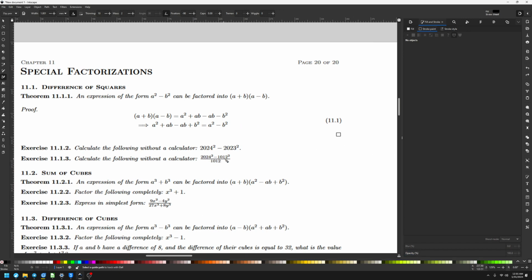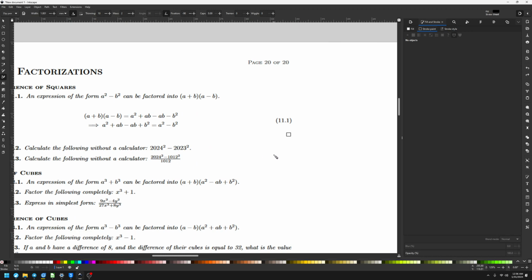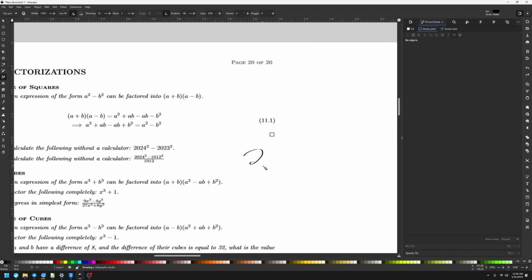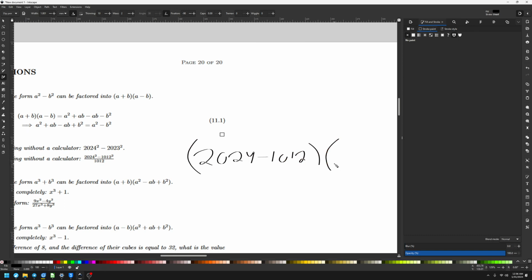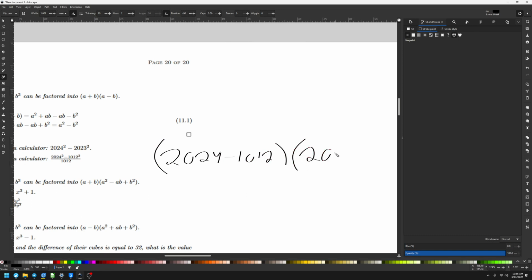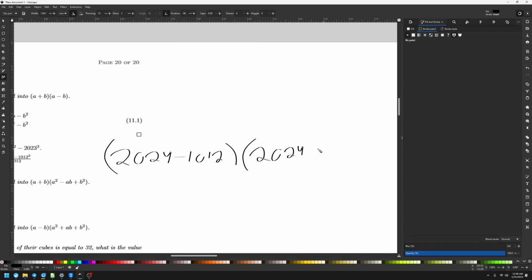Okay, and now for the second one. 2024 squared minus 1012 squared, all divided by 1012. Okay, so let's write the numerator as a difference of squares again. And we're going to divide this all by 1012.